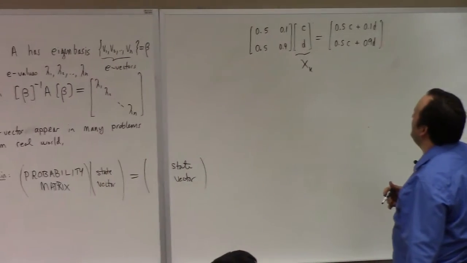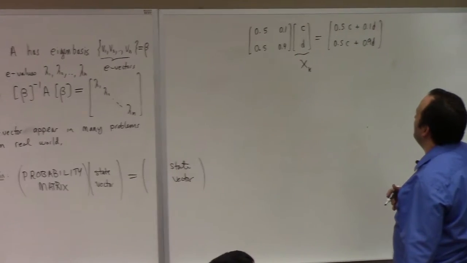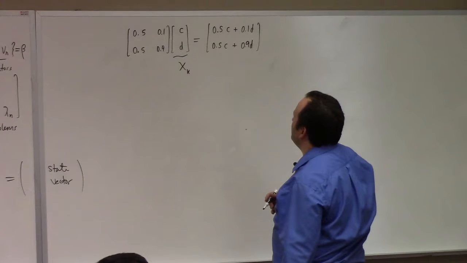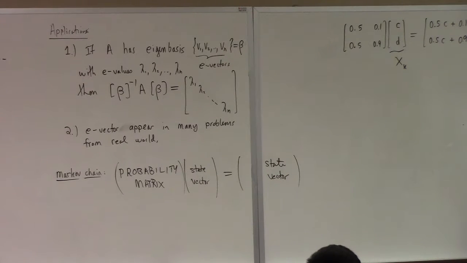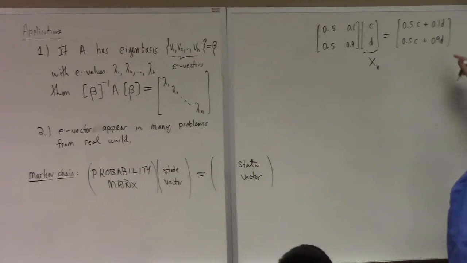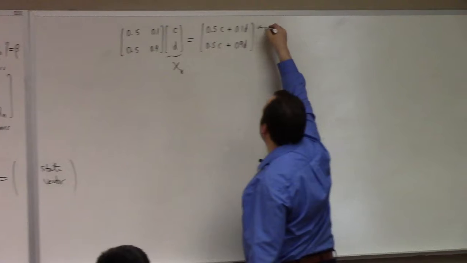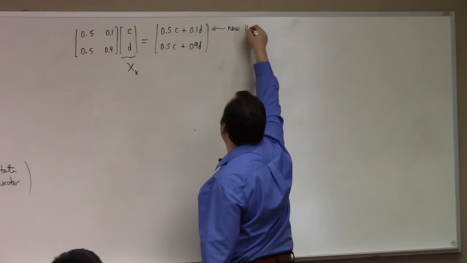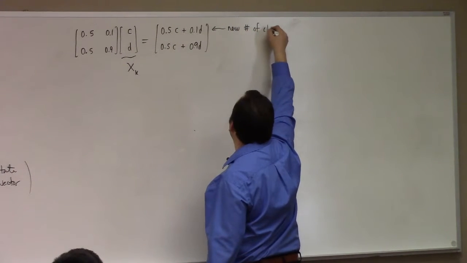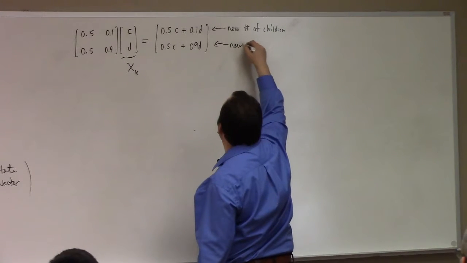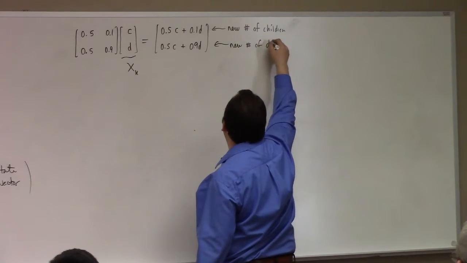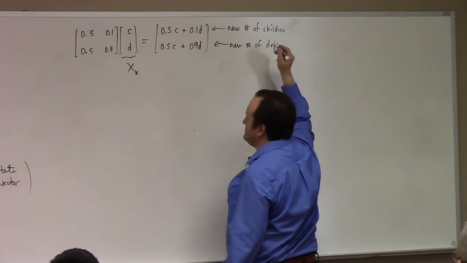Let's just go with children, dogs. All right, fine. So this is basically the new number of children, and this is the new number of dogs, right?